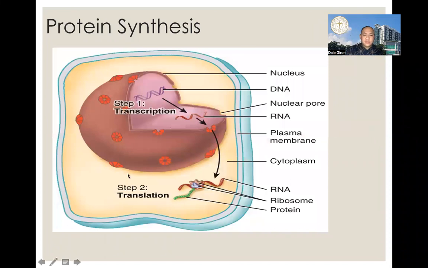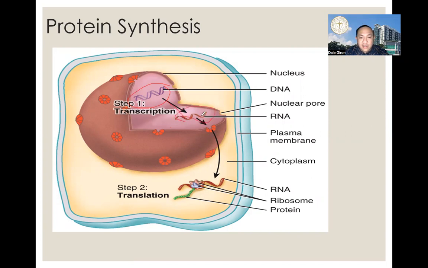So in step one, it's the transcription. This is the nucleus. That is the DNA. So this is the DNA. It will be transcribed into an RNA, a single-stranded RNA, as mentioned.